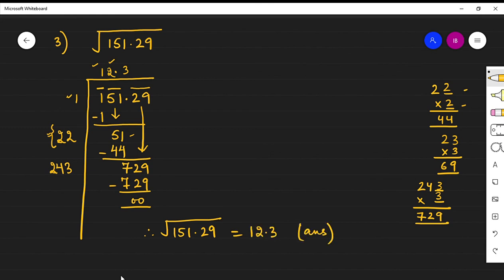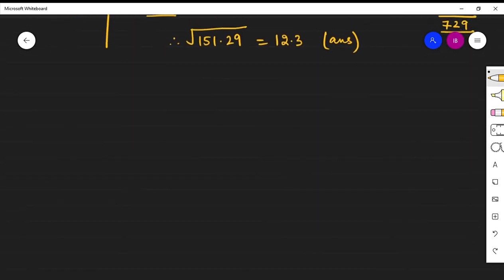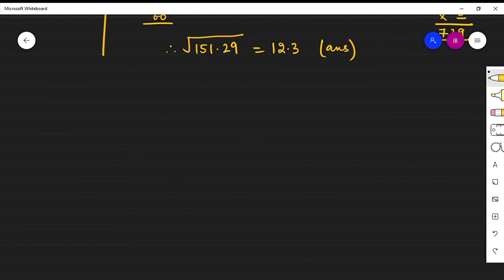I hope the method is clear to you with the help of these examples. Now take a pause and try out this example on your own, and see if you have understood the method or not. Calculate the square root of 70.56.